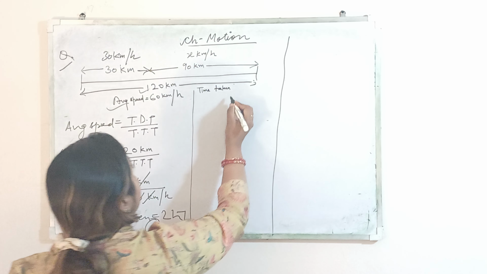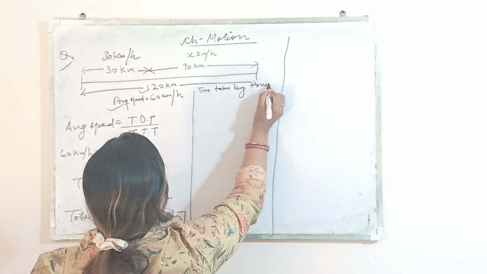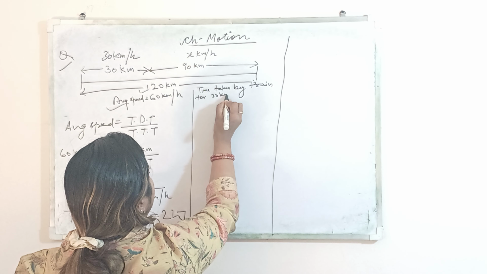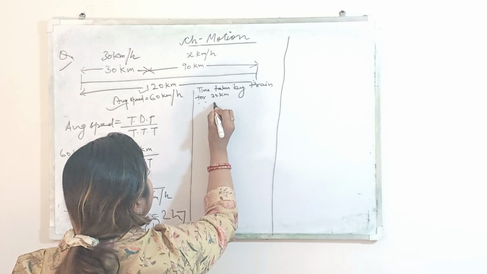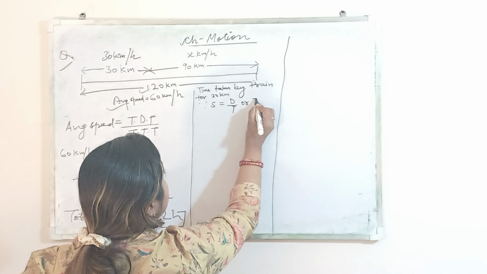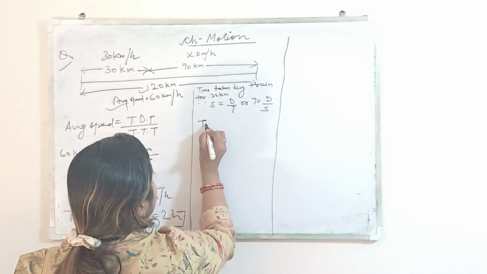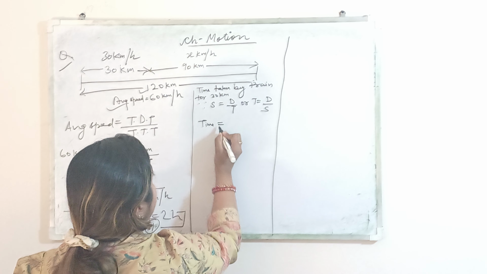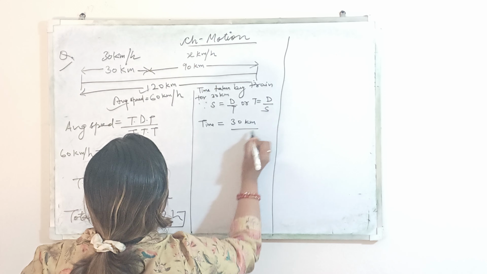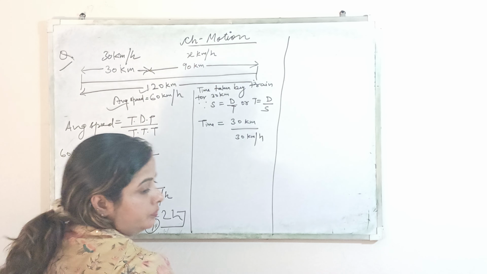Now time taken by train for 30 kilometer. Since speed is equal to distance upon time, or time is equal to distance upon speed, time is equal to distance traveled, 30 kilometer, upon 30 kilometer per hour.